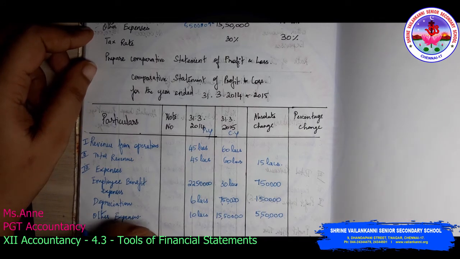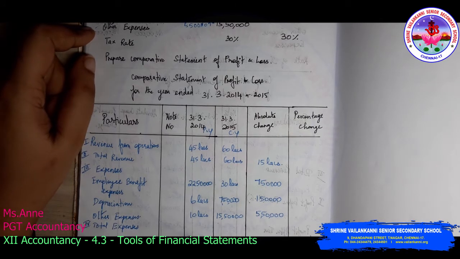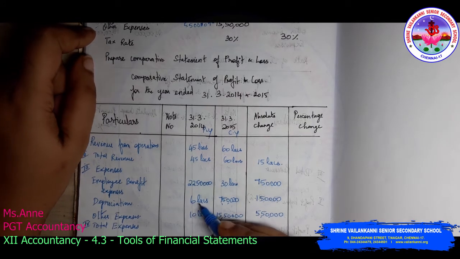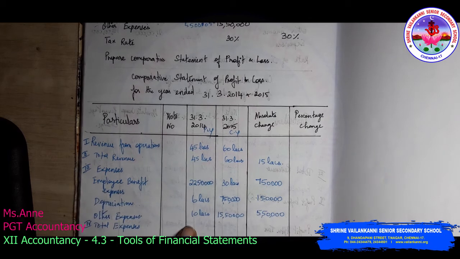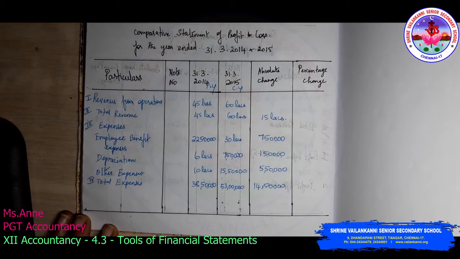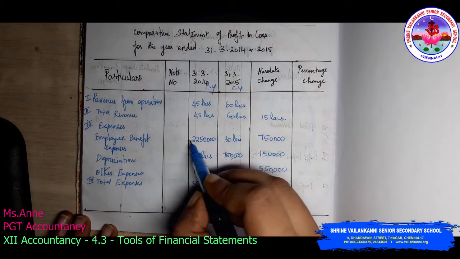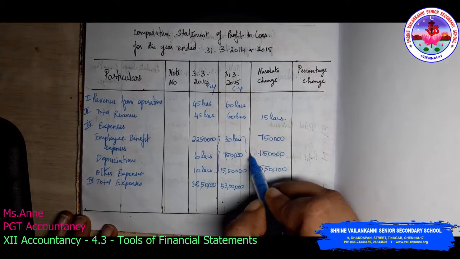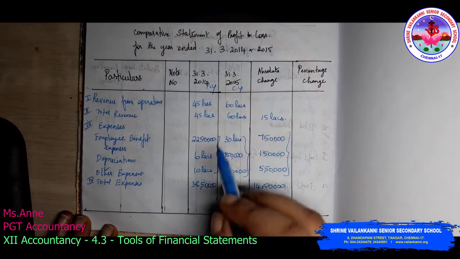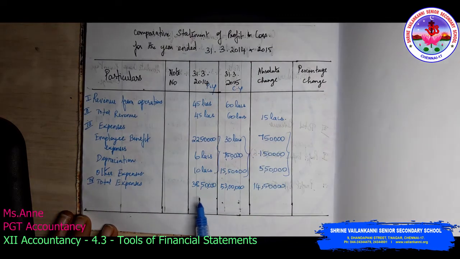And here comes the total expenses. I'm going to show the total expenses here. So 10, 6 plus 22.50. So I've just calculated the total of expenses. The total of expenses comes to, for 2014 it is 38 lakh 50,000, for 2015 it is 53 lakhs, and the absolute change is going to be 14 lakh 50,000.